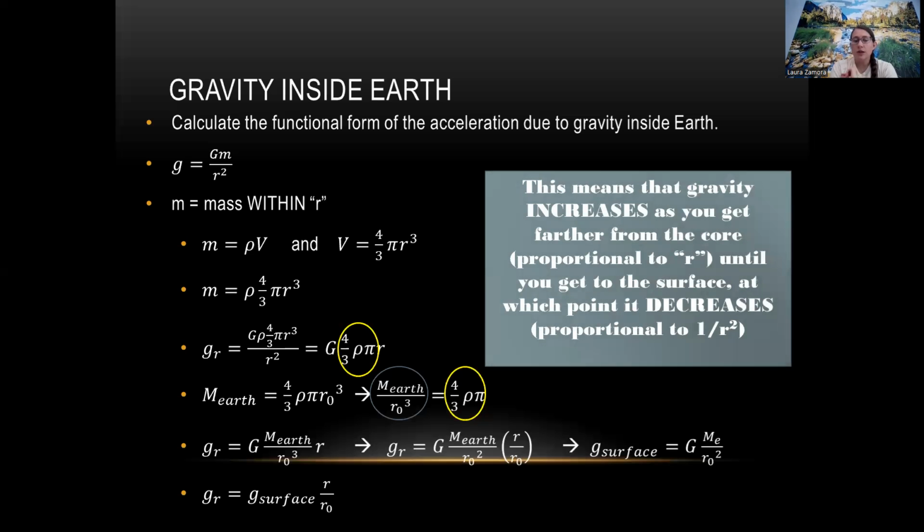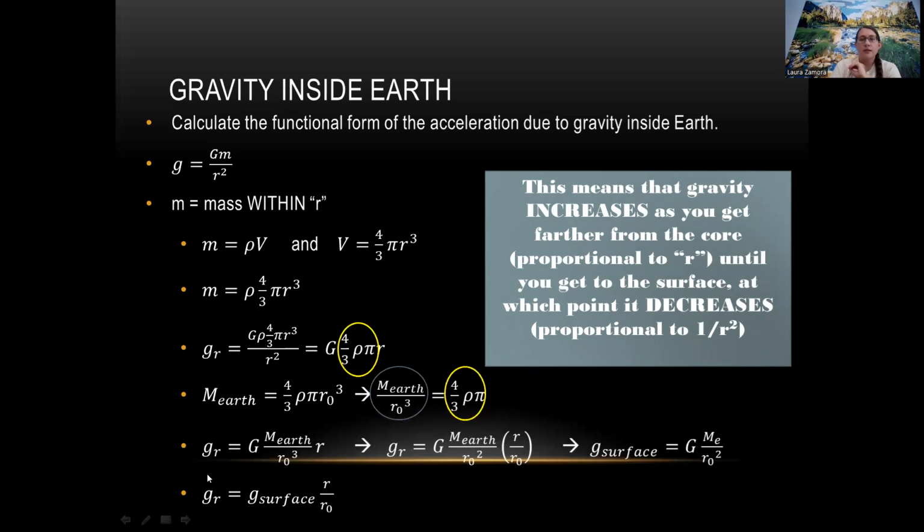Okay, so this means that the gravity will increase as you get farther from the core. So as we go farther away from the center of the Earth, gravity increases proportionally to that radius, right? Let's say we're starting the ball at the center and it's shooting out. As that ball moves away from the center of the Earth, that random radius that it's at is increasing.